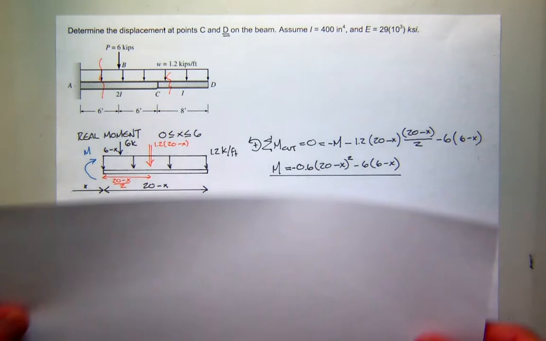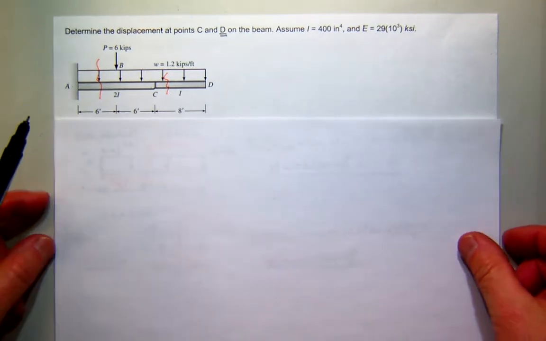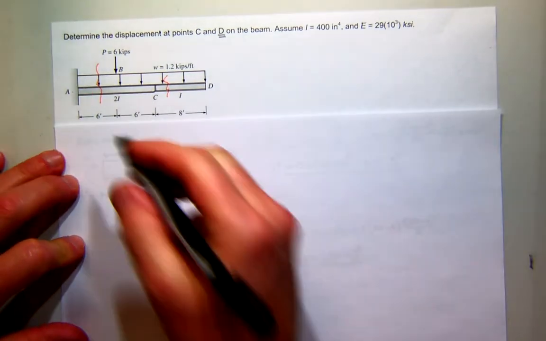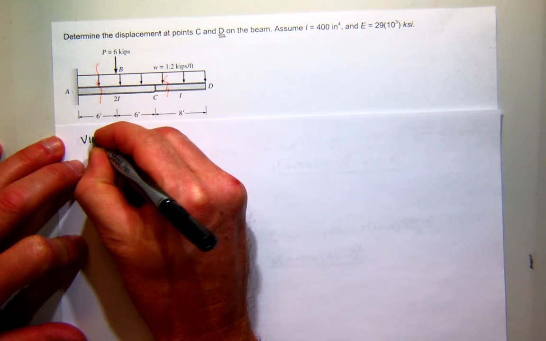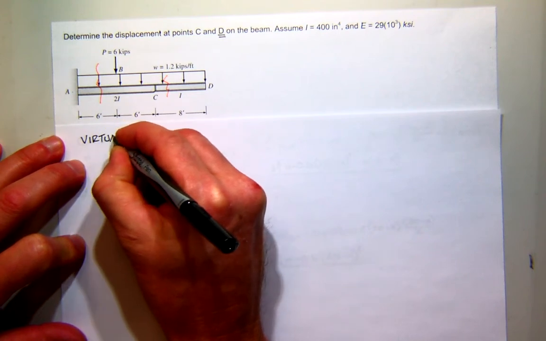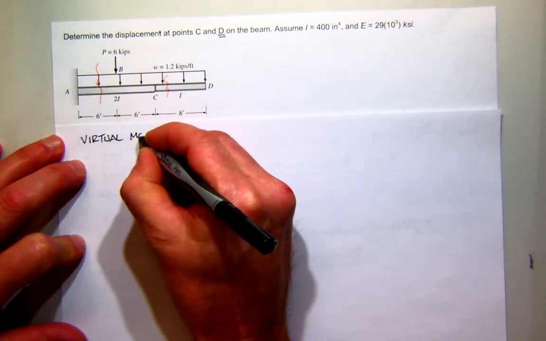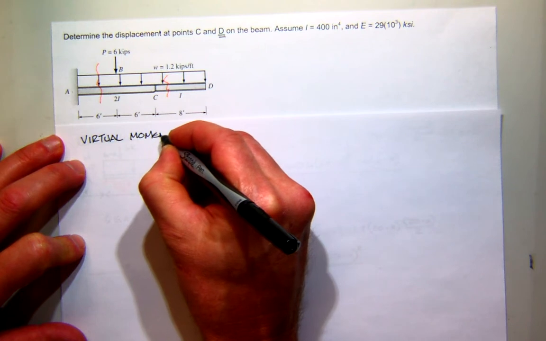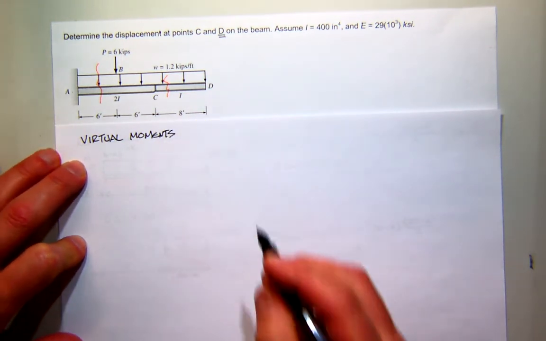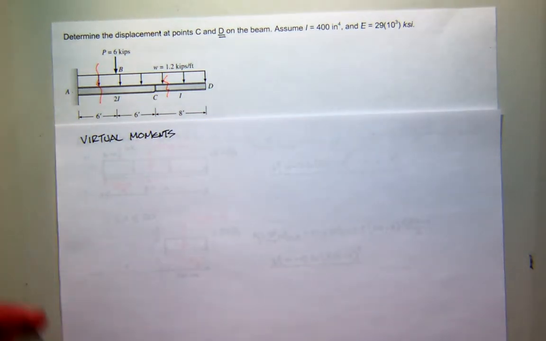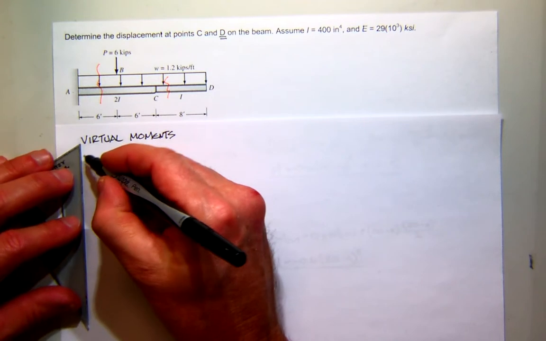So let's now go and do the virtual forces. So now let's find the virtual moments. So what does the beam look like? Well, the geometry is the same.